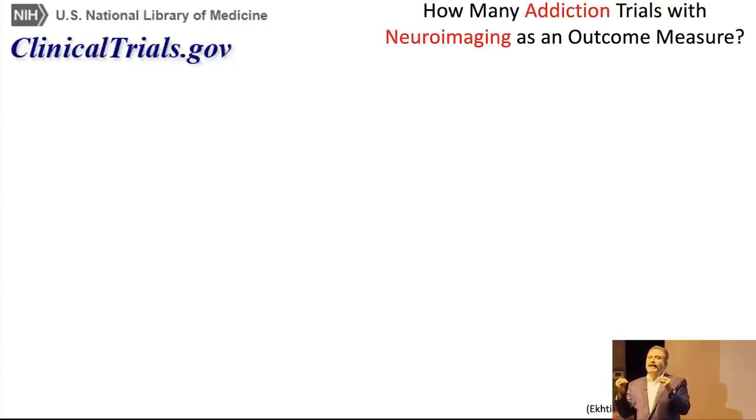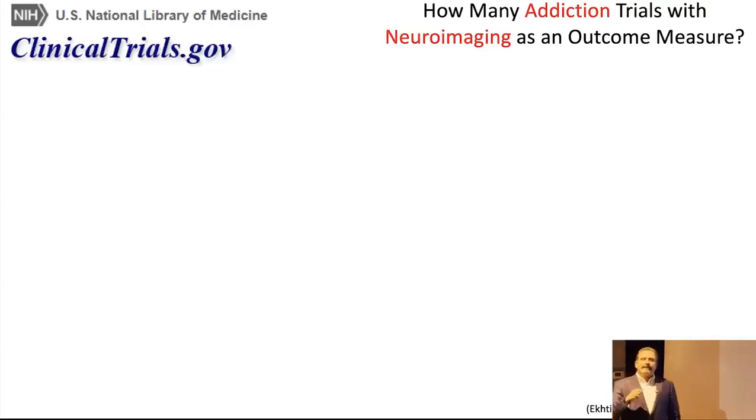How many of them have neuroimaging as their outcome measure? How many of those trials used neuroimaging as a part of their outcome measure to be able to see how that medication or that specific intervention is changing brain function or structure?